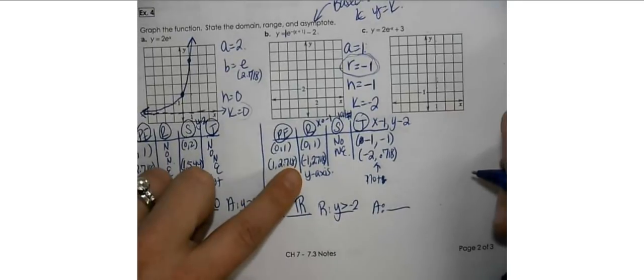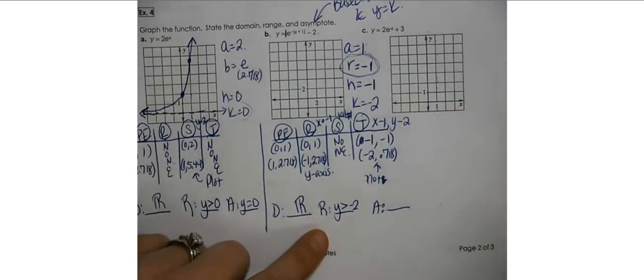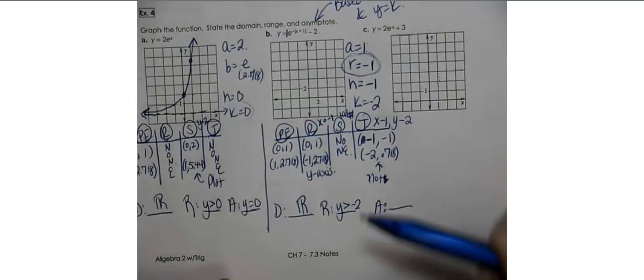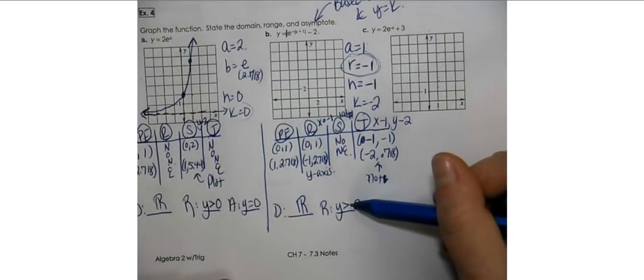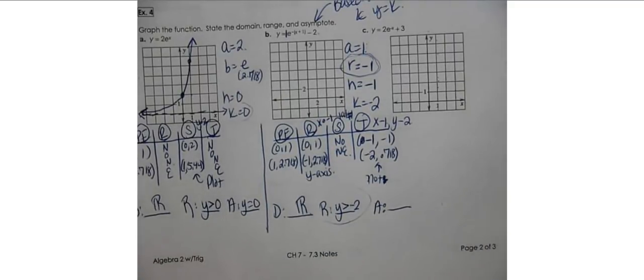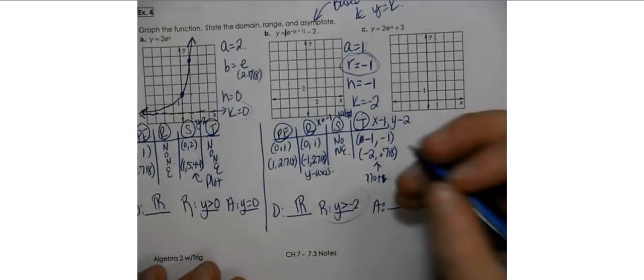If you see a reflection across the x-axis, that means that your A value was negative. That's when we would have a less than symbol for your range. If you're confused about what your range is going to be, graph the function first, then determine what your range is. My asymptote is going to be y is equal to k, so that's going to be y equals -2.